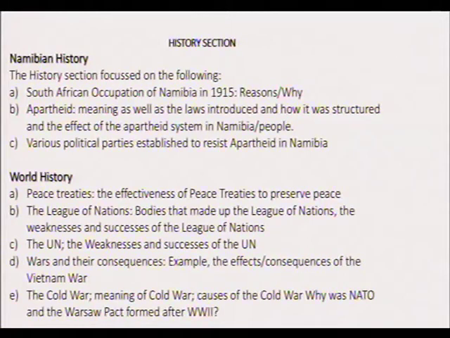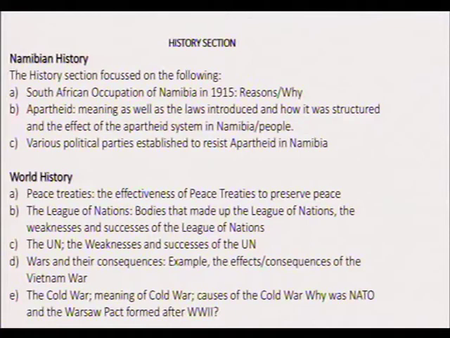Did they work? Or were they ineffective? If they were effective, obviously you need to explain why. To maintain peace is not the only reason it was effective. If it wasn't effective, then you also need to explain why. What are the reasons for them not being effective?